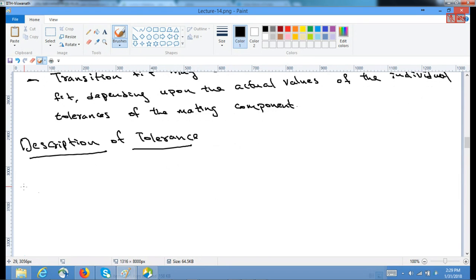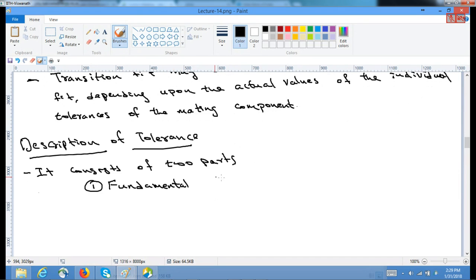The first thing is it consists of two parts. The first one is fundamental deviation, and the second one is the magnitude of tolerance.